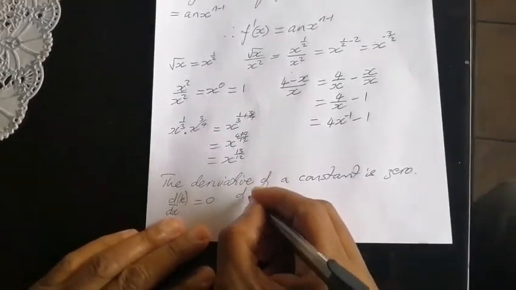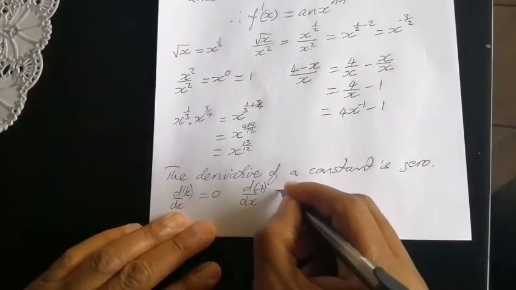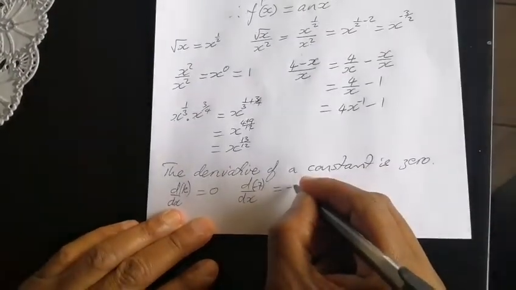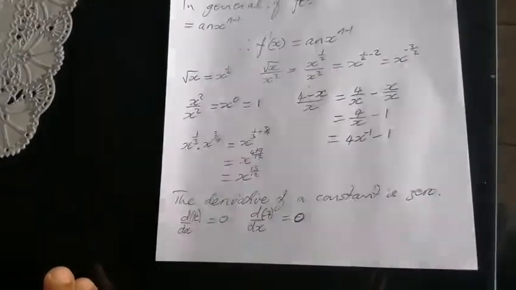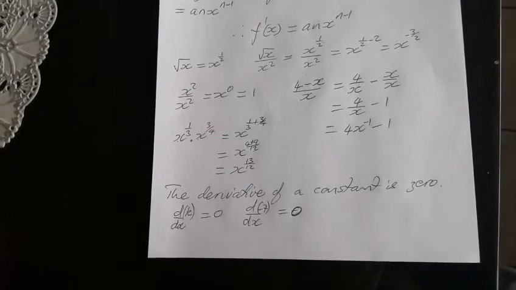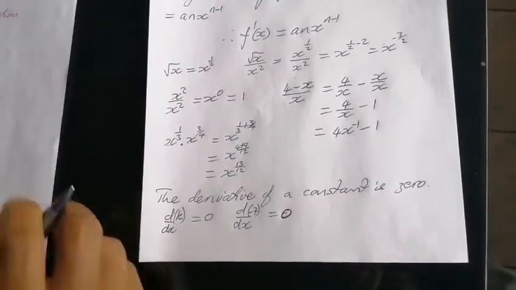If we are differentiating a minus 7 with respect to x, then the answer is 0. Whenever you differentiate a constant, the solution is 0. Very, very important. Let us now look at some examples to reinforce our understanding.